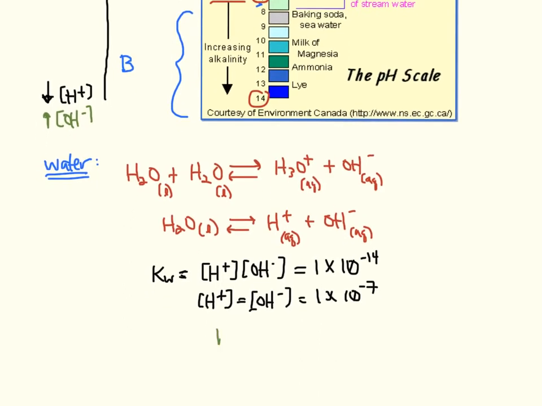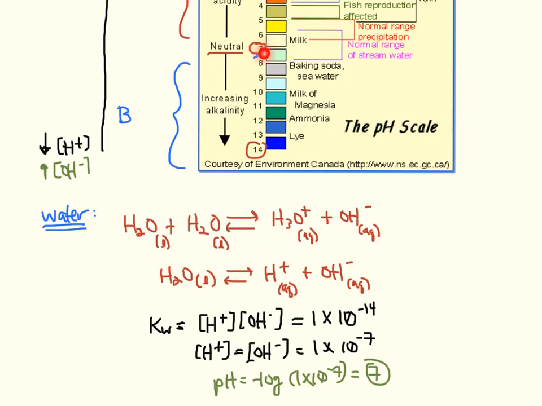The pH, so if I take the negative log of 1 times 10 to the negative 7, gives me 7. So that's how we determined what neutral is on the pH scale. We based it off the pH of water because it's exactly half acid, half base. Water is not the only thing with a pH of 7. Lots of things have a pH of 7. It's just that water is kind of where we scale it from.